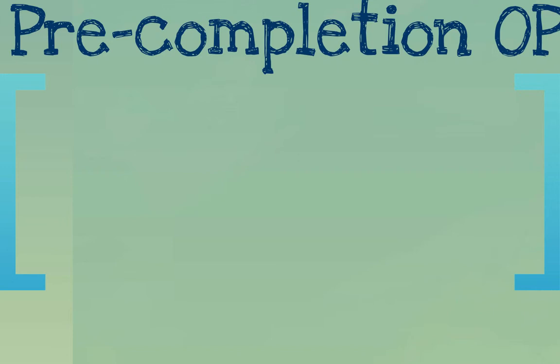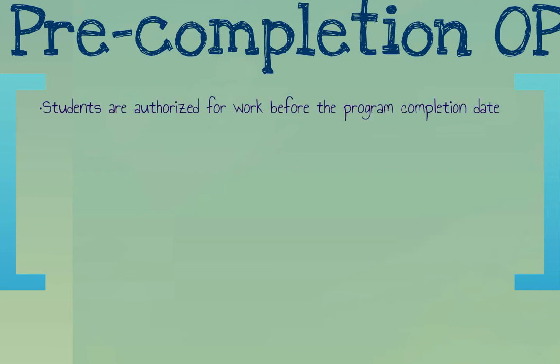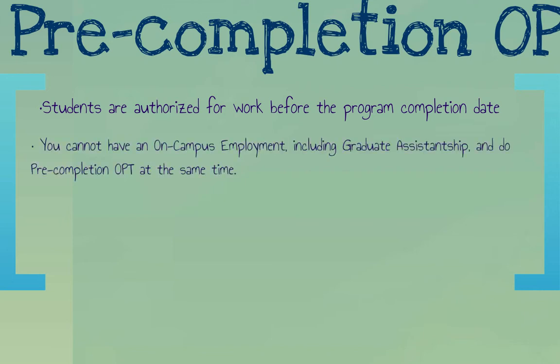Both undergraduate and graduate students are eligible for pre-completion OPT. However, pre-completion OPT is typically authorized for graduate students who have completed all coursework and have only their thesis or dissertation remaining. You cannot have a graduate assistantship and do pre-completion OPT at the same time.